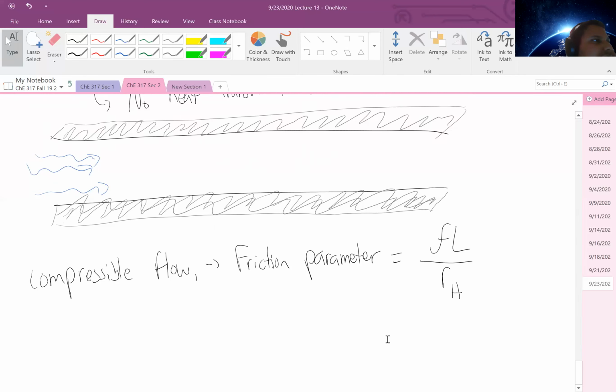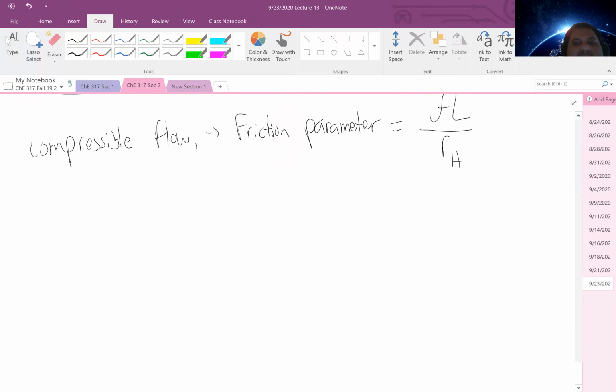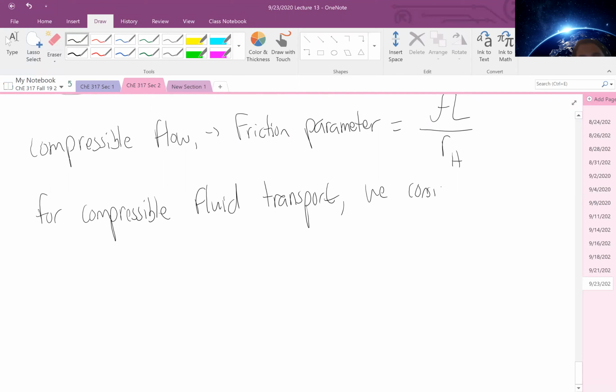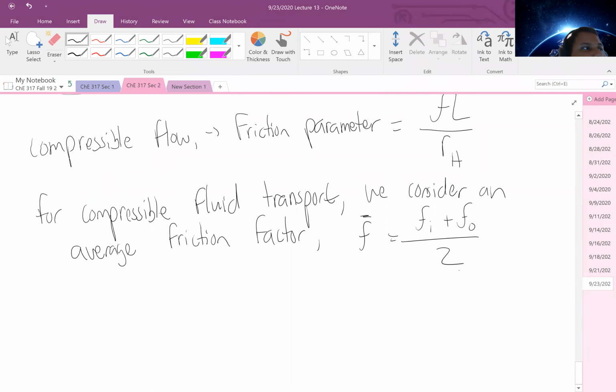And in lieu of doing a lot of very large derivations, one thing we often consider for compressible fluid transport is an average friction factor, F bar, which is equal to the friction factor at the inlet plus the friction factor at the outlet over 2.